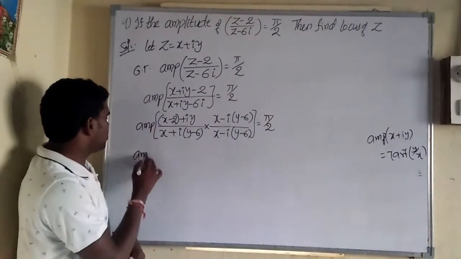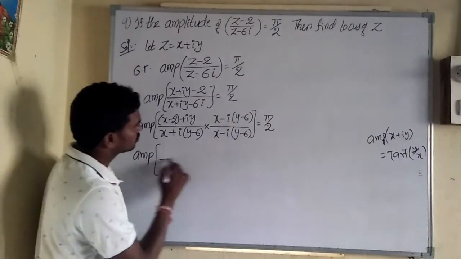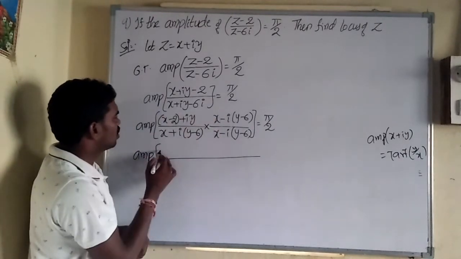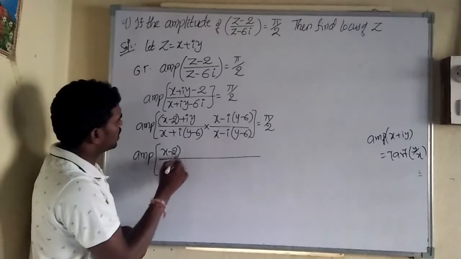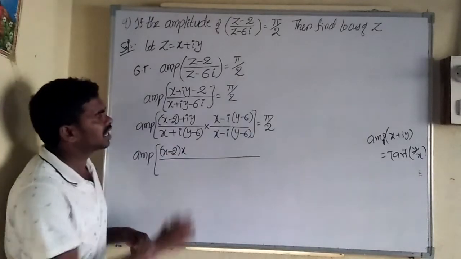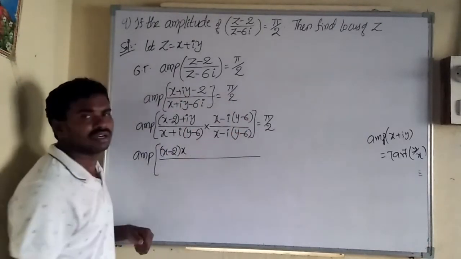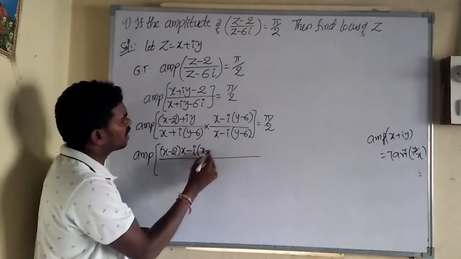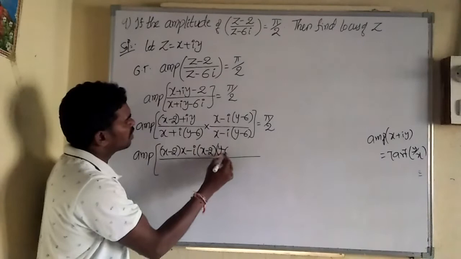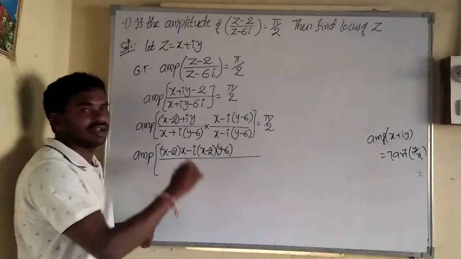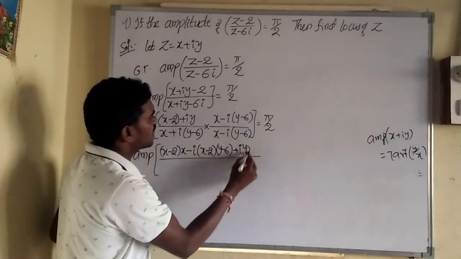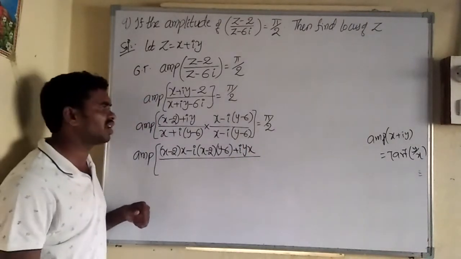Then the amplitude of: multiply x minus 2 into x, no change. Next, x minus 2 into minus i(y minus 6), so minus i of (x minus 2)(y minus 6). Then plus iy into x, so plus iyx, or you can write ixy.